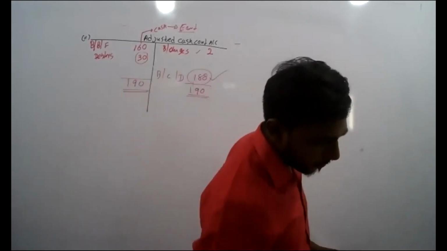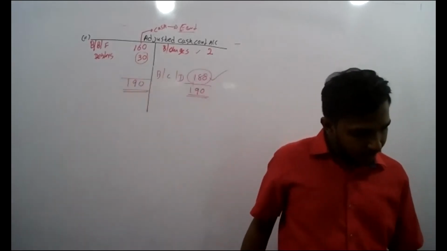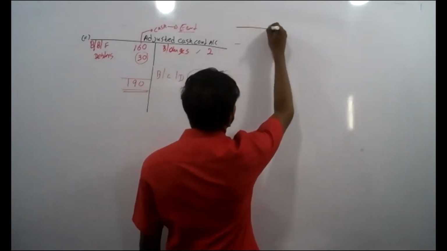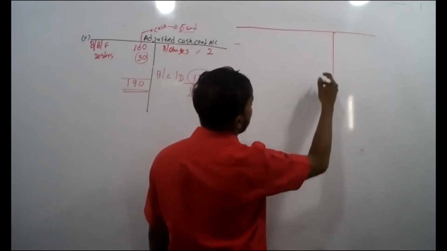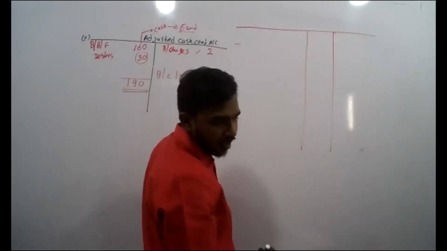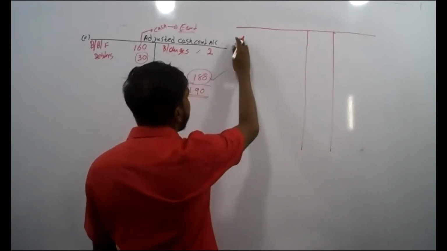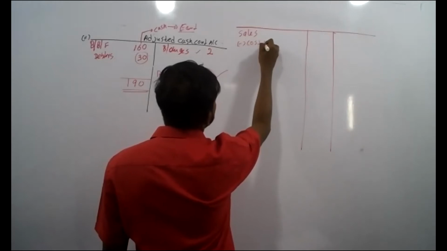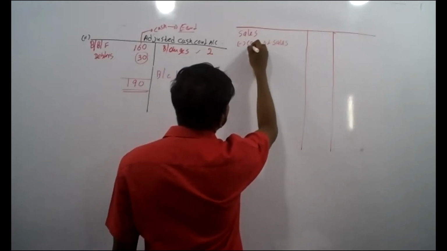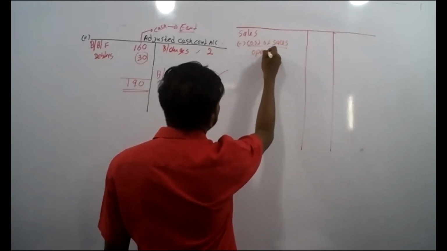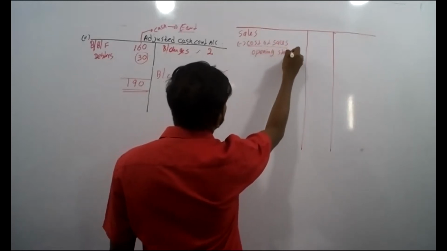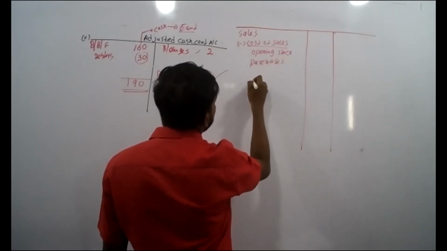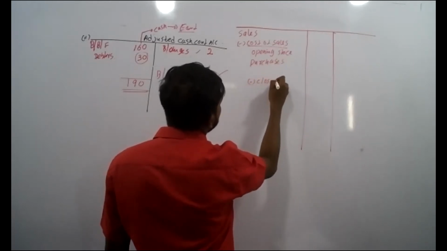Next one, what do they ask? They ask you to prepare the income statement. So we'll take what? Sales. Subtract what? Cost of sales. How to take the cost of sales? Opening stock, then purchases, minus closing stock.